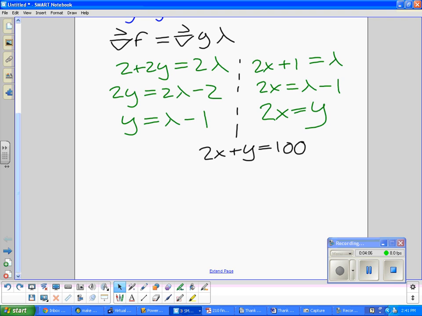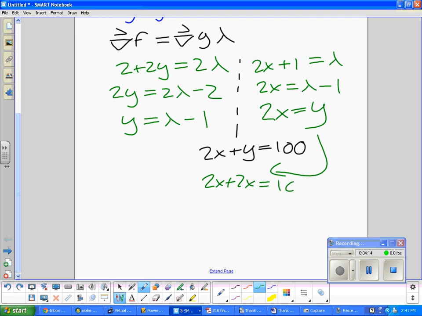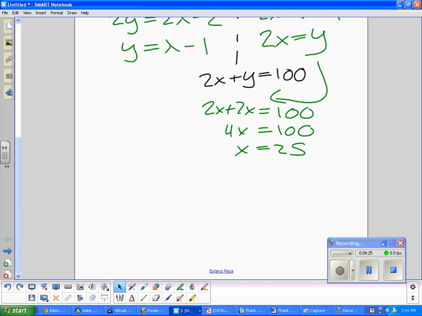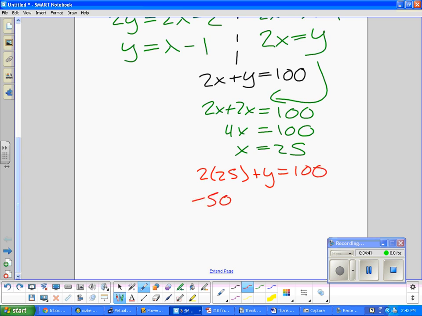So we get 2x plus 2x equals 100, or 4x equals 100, which gets us x equals 25. Now, if we plug this value back into our constraint function, we'll get the y-coordinate. So 2 times 25 plus y equals 100. 2 times 25 is 50. We subtract both sides by 50 and get y equals 50.